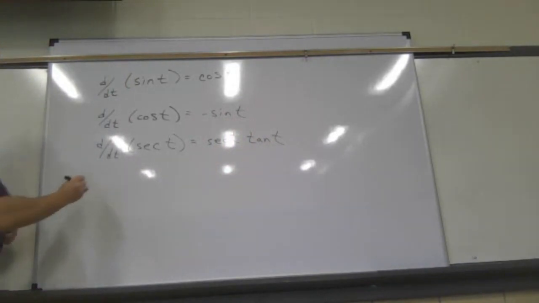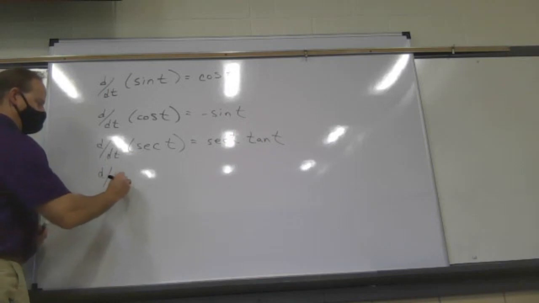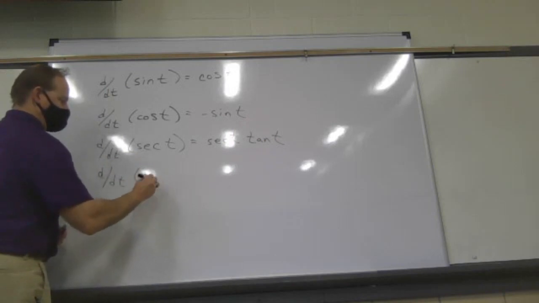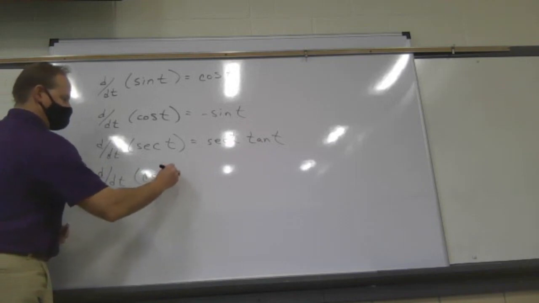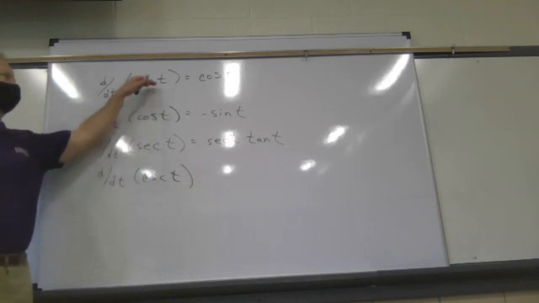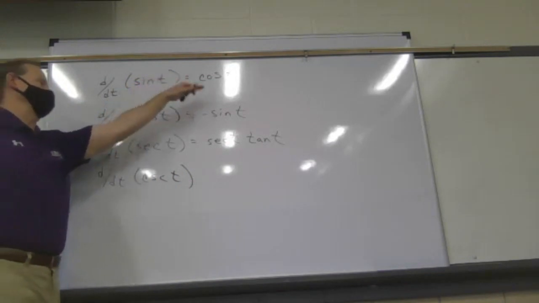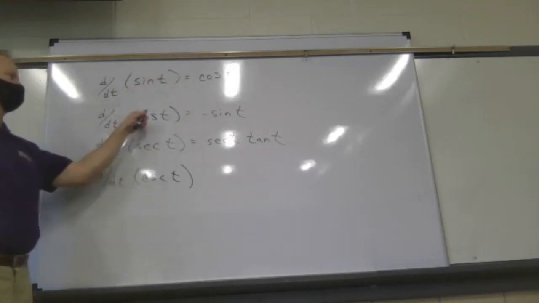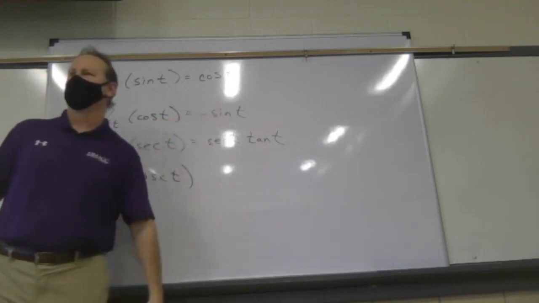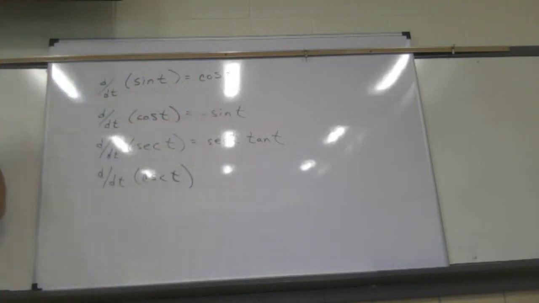So the derivative of cosecant is very similar. Cosecant would be csc t, CSC for cosecant. What happened when the derivative of sine was cosine, then when we took the derivative of cosine, we had a minus sign there, right? So when we had a co, there was a minus, and that's going to show up again.